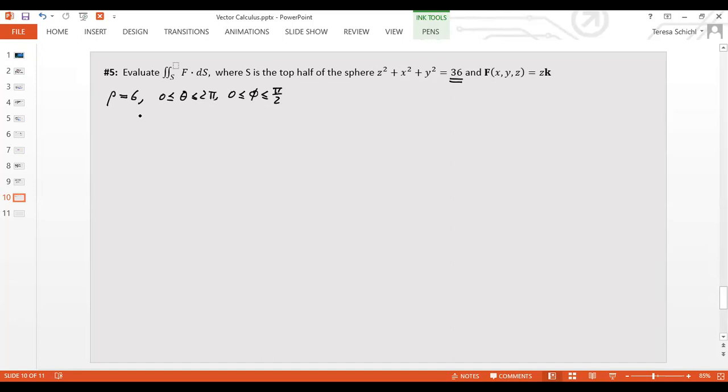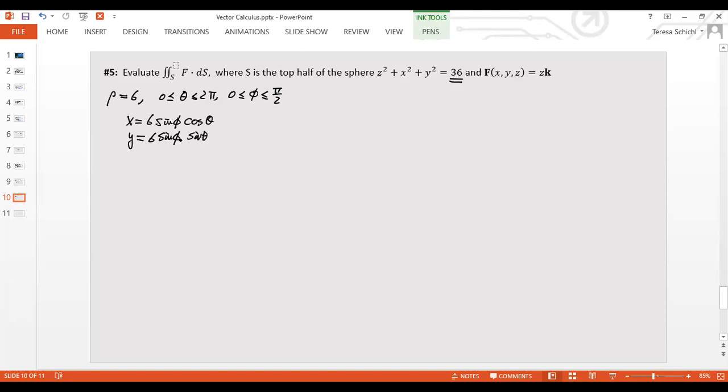So then obviously this parameterization would be pretty easy because I use the knowledge we learned from the spherical coordinates, right? So we can say x is equal to 6 sine phi cosine theta. Then y is equal to what? Y is equal to 6 sine phi sine theta, right?